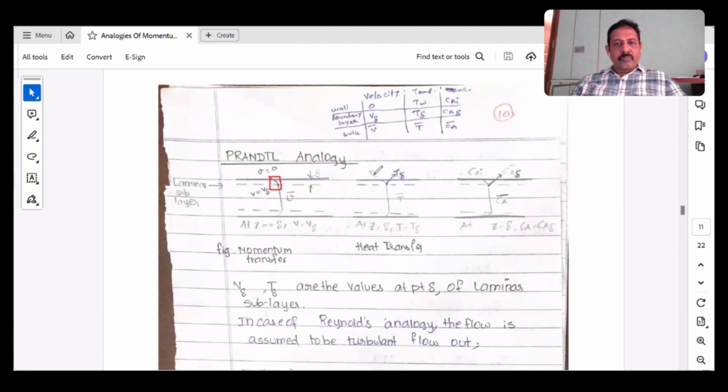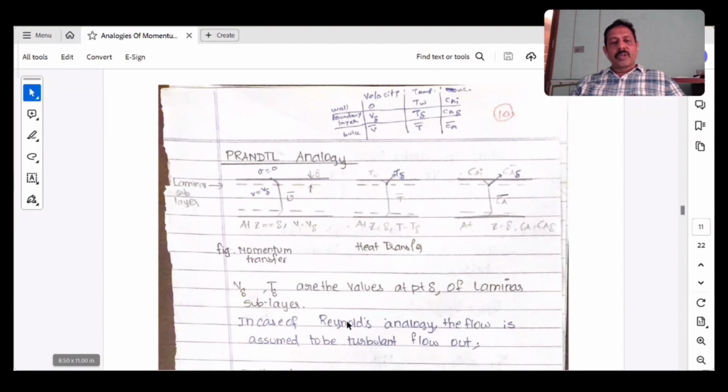This area is from the wall to the boundary layer. What is the driving force? From the wall to the boundary layer, it is v delta minus 0. For heat, it is T delta minus Tw. For mass, it is CA delta minus CAi. We are doing the analysis only within the boundary layer.